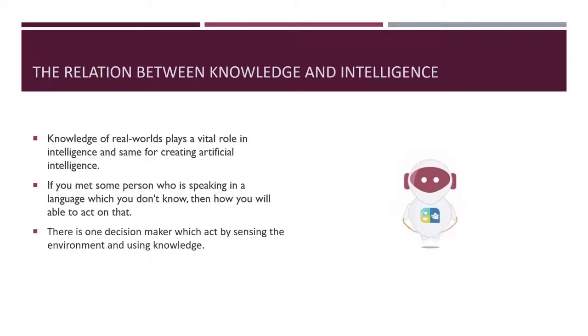An agent is only able to act accurately on some input when it has some knowledge or experience about the input. Consider meeting a person who is speaking in a language we do not know, and how we would be able to act on that. The same thing applies to the intelligent behavior of the agent.